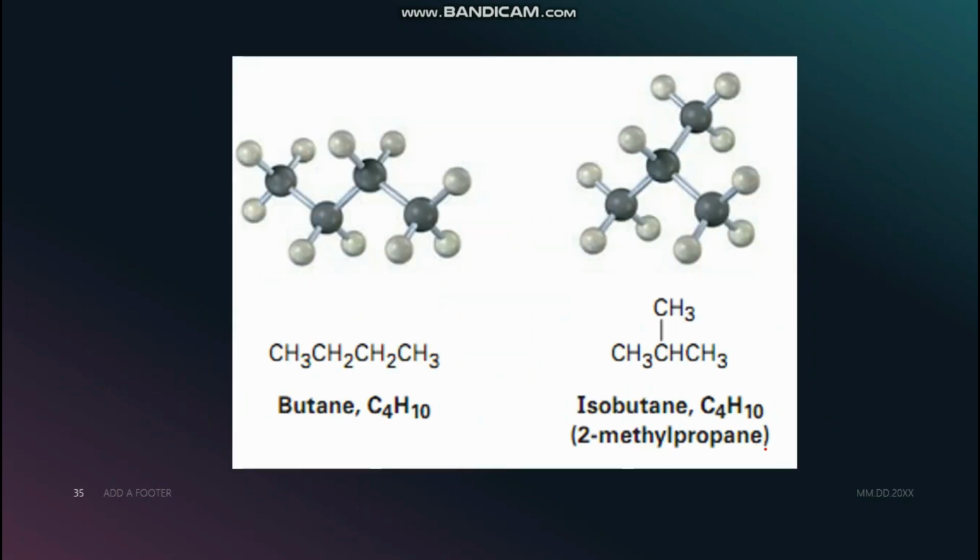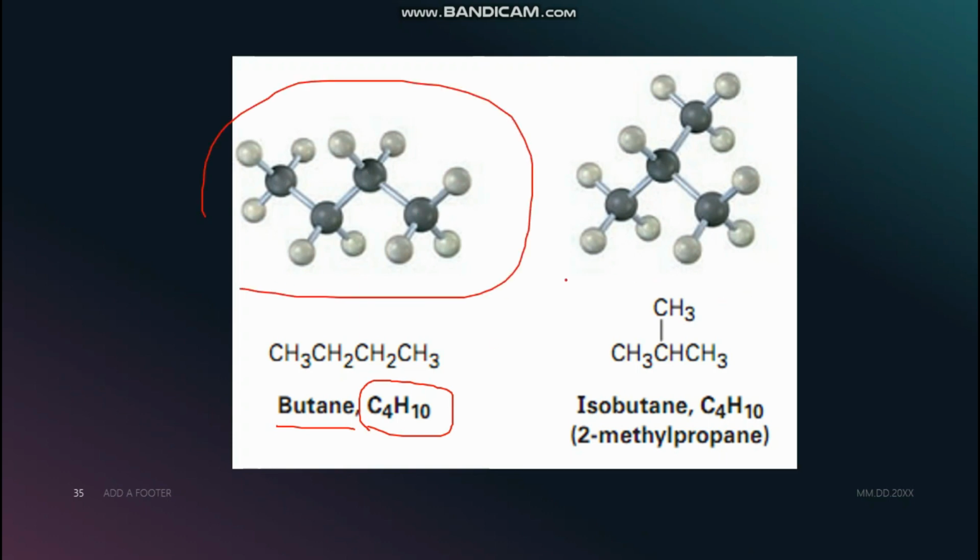So, however, sa larger number of carbons and hydrogen combined, there is more than one structure that is possible. So, for instance, meron tayong substances na merong C4H10. Okay? So, that's butane. 1, 2, 3, 4. Pwede siyang maging straight chain alkane and pwede siyang maging isobutane.